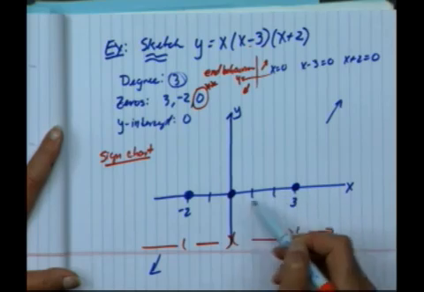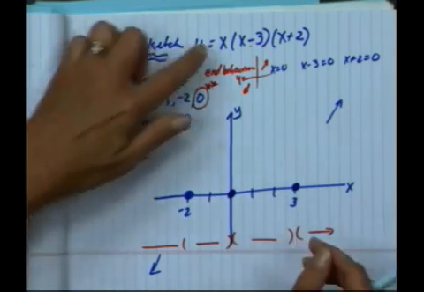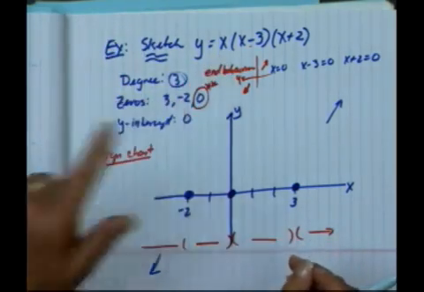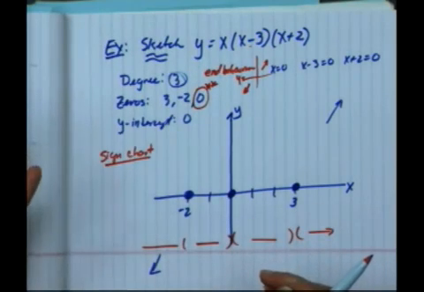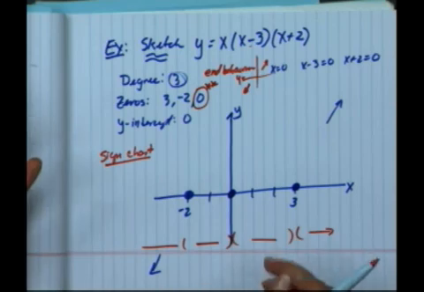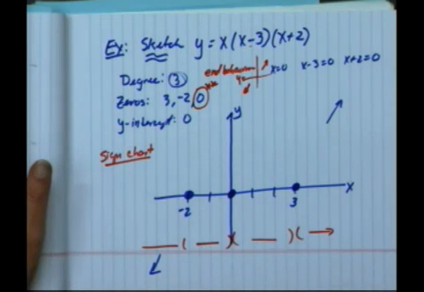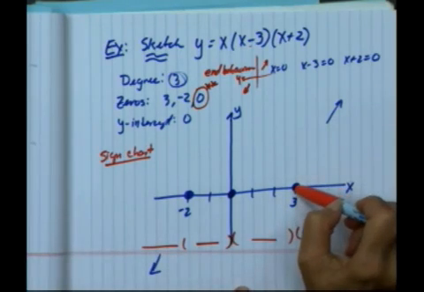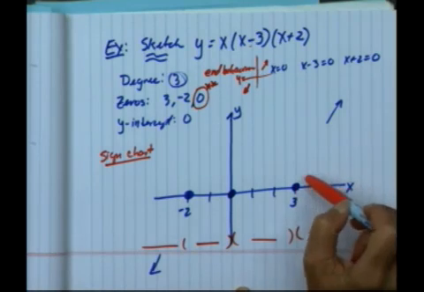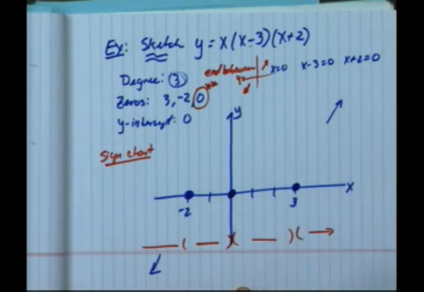I'm going to jump all around my zeros because this curve is a continuous curve. There's no place it's undefined. There's no division by 0. So I'm going to have a smooth curve. And when it hits a 0 on either side of it, it's got to be above the x-axis or below.